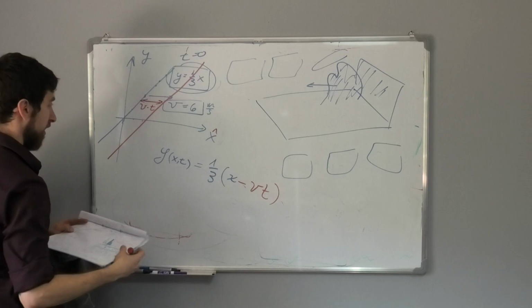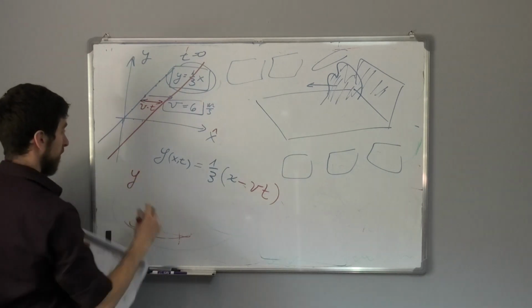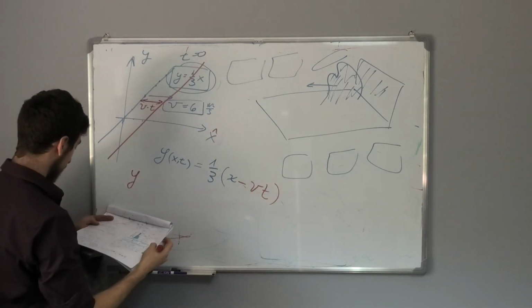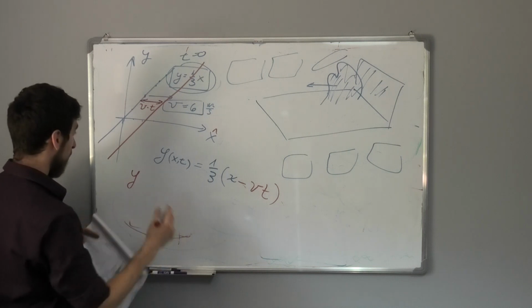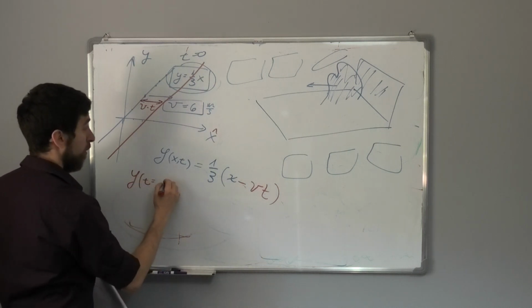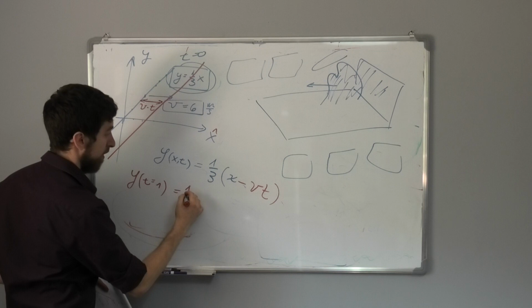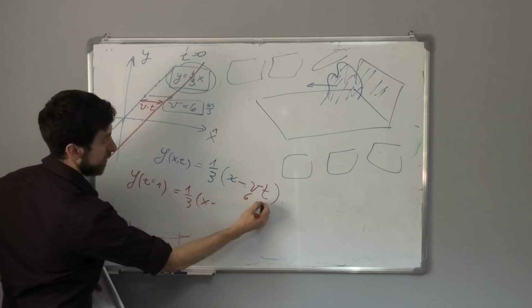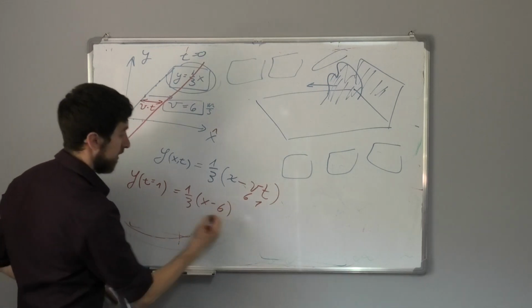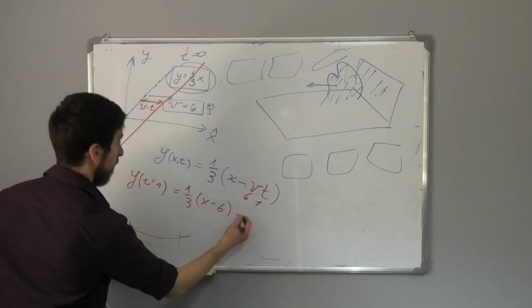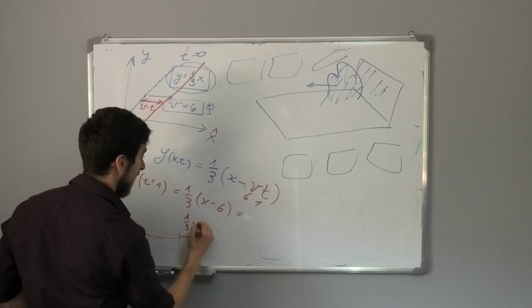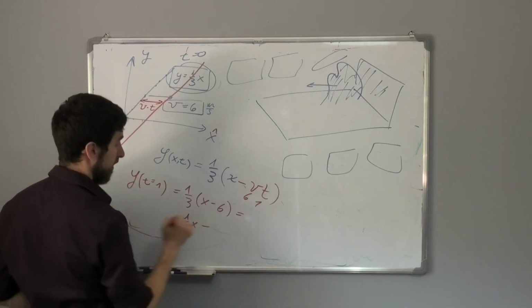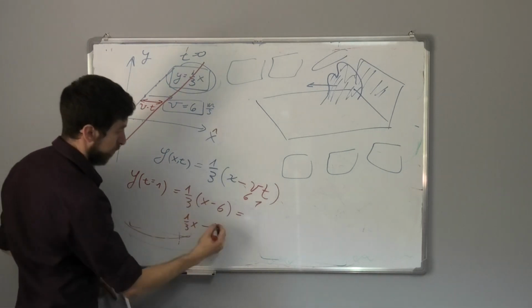And so let's check that this term is true. I want to know, for example, my location after t equals 1 second. So it's going to be 3x minus, this is 6, this is 1, so minus 6, right? So it's going to be a third of x and then minus 2.